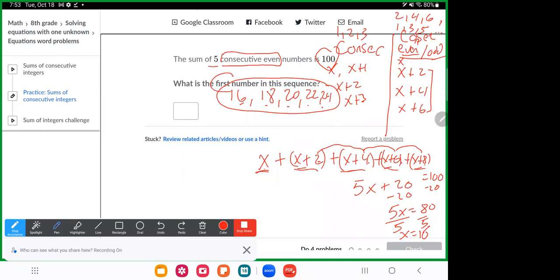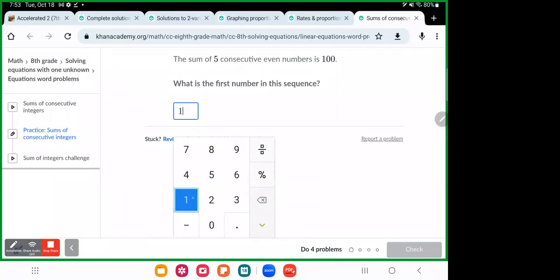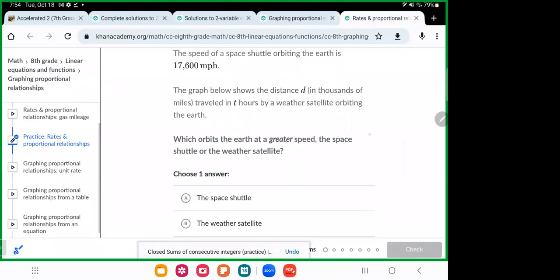But the first number in the sequence, that would be, what was it, 16? 16, so let's put that in. I hope it's right. Woo, we got it. All right, so if it just says consecutive, make sure you do x plus 1, x plus 2, and so on. All right.